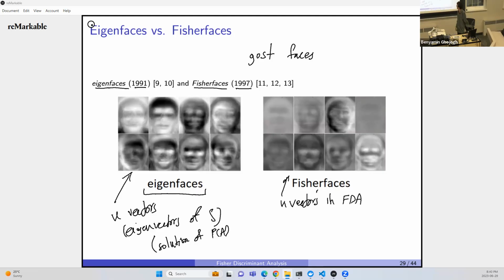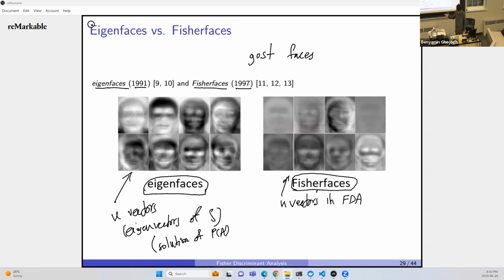Okay. So the U vectors in PCA for facial images are called eigenfaces. Faces because they're facial images. Eigen because they are the eigenvectors of the eigenvalue decomposition of the covariance matrix. The U vectors of the FDA for facial images are called Fisherfaces.